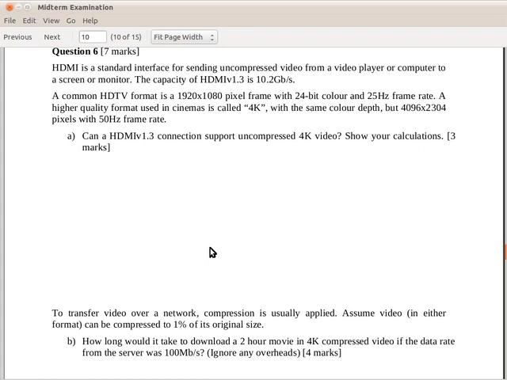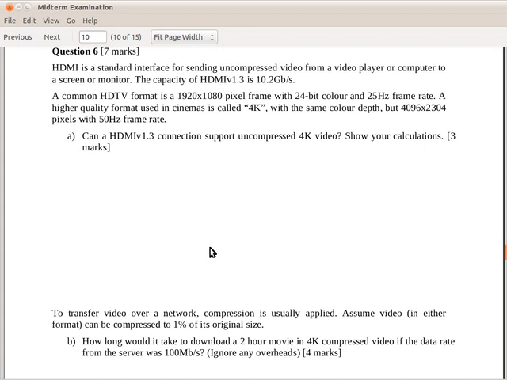All video is still images rapidly changing to represent motion. Each image in this example is a particular size, 1920 by 1080 pixels. Each pixel or dot represents a color, and that color is a 24-bit number.